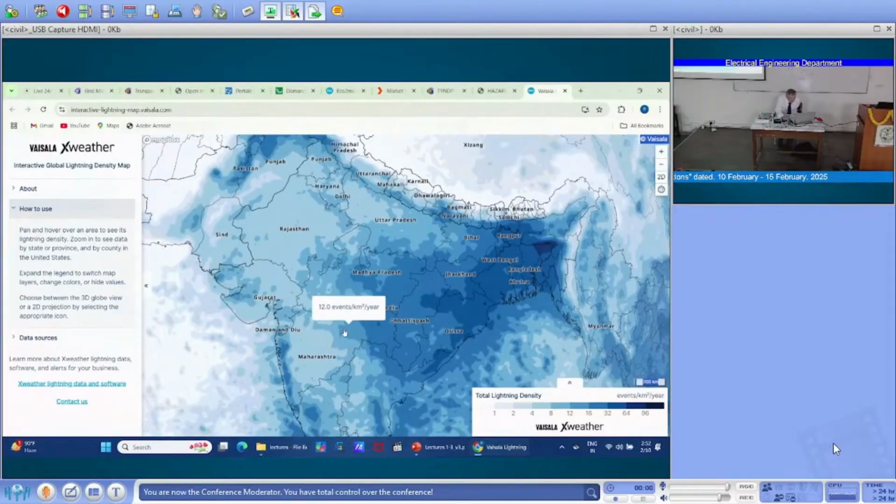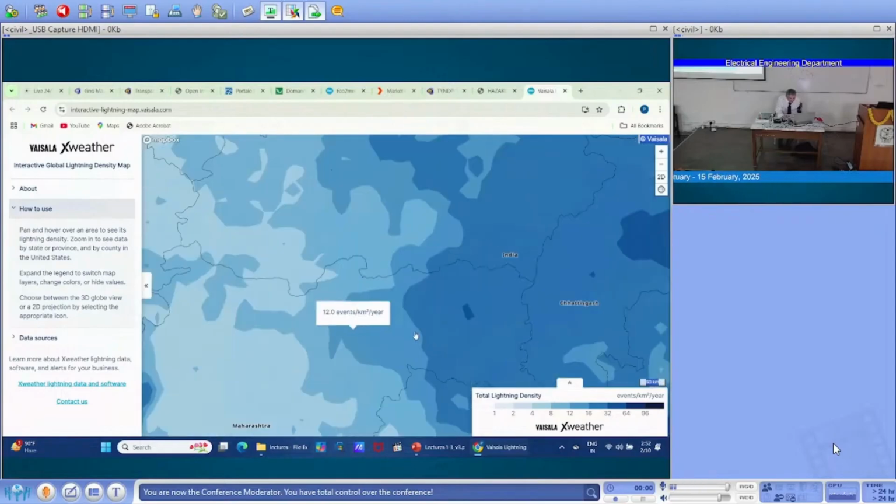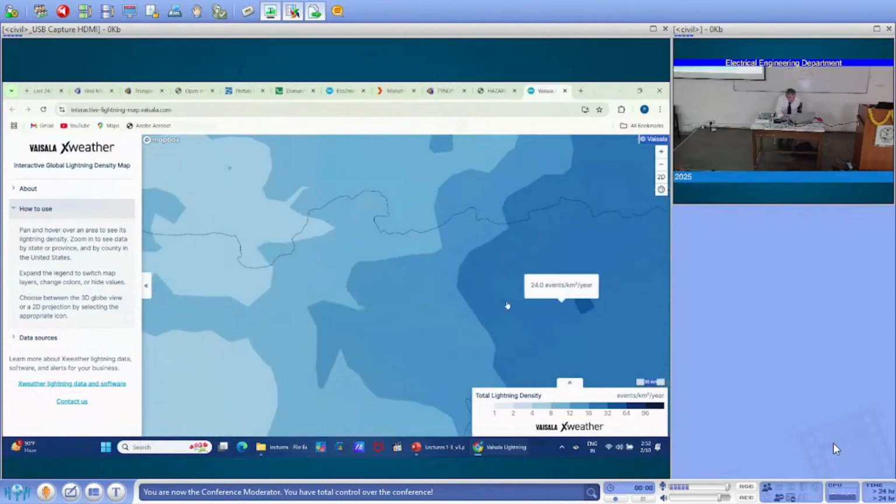And you see here also, with a difference of some, I don't know how many kilometers, probably tens of kilometers, probably 100 kilometers, you go from 8 events per square kilometer per year to 16 events per square kilometer per year.